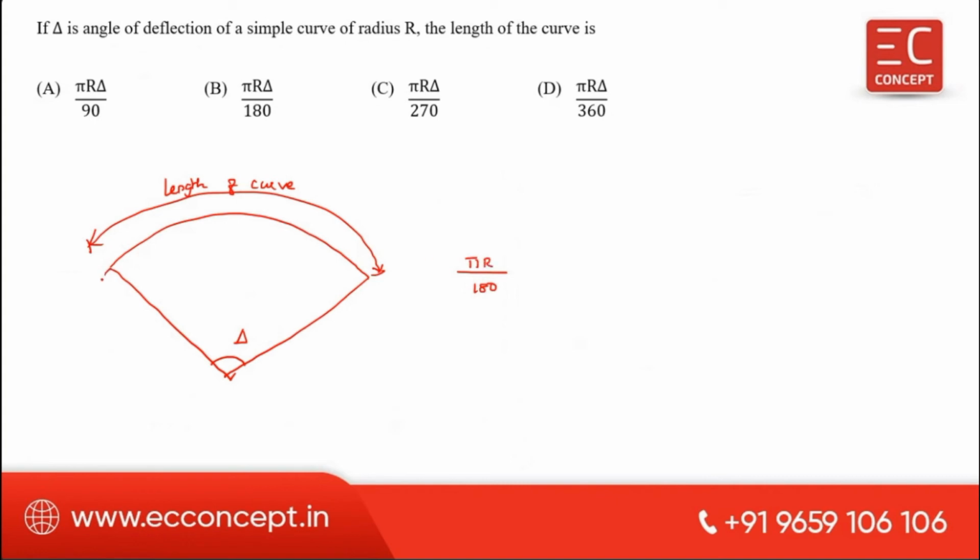Yes or no? If you extend this up to this horizontal, then this angle is 180 degrees, right? For 180 degrees it is pi r, so for delta angle the length is pi r delta divided by 180. So the answer is this one.